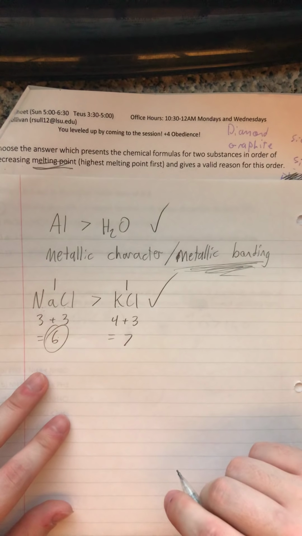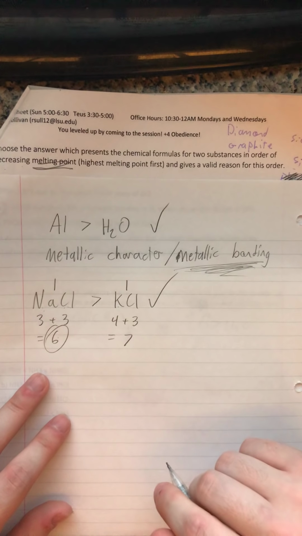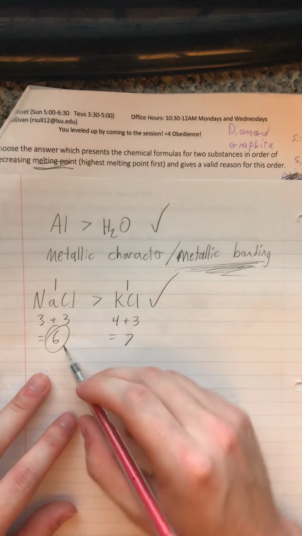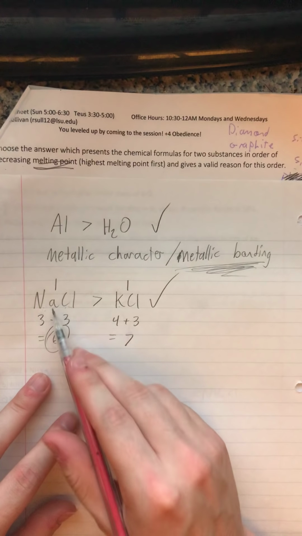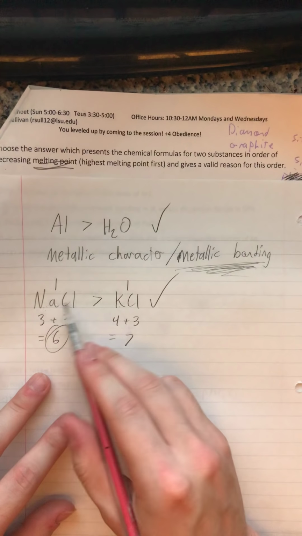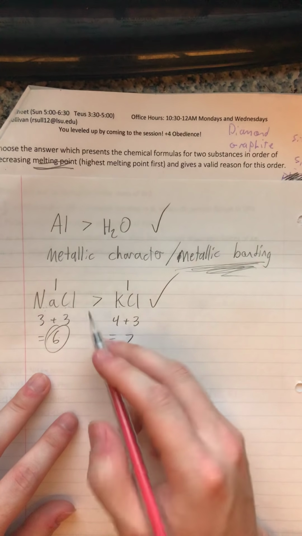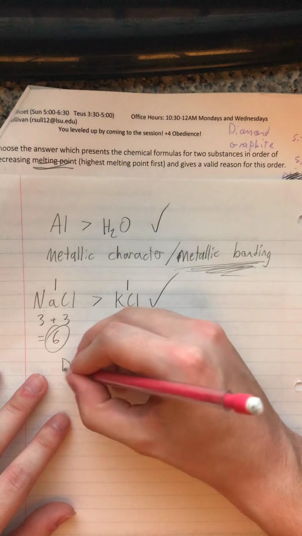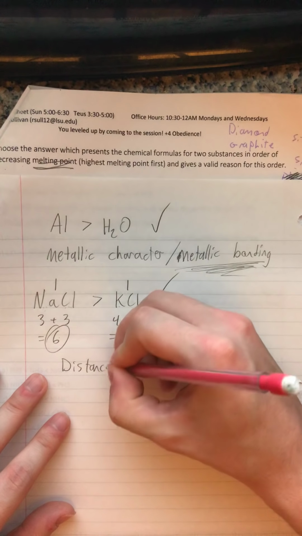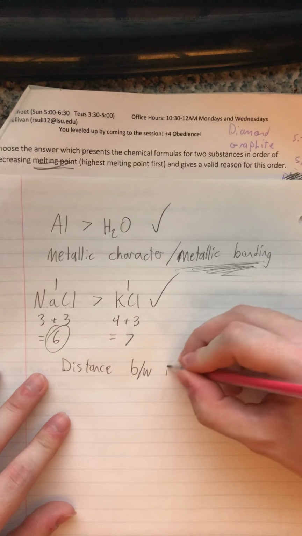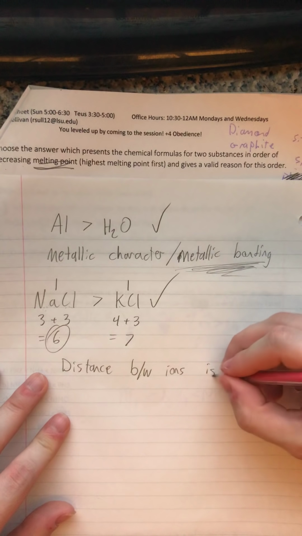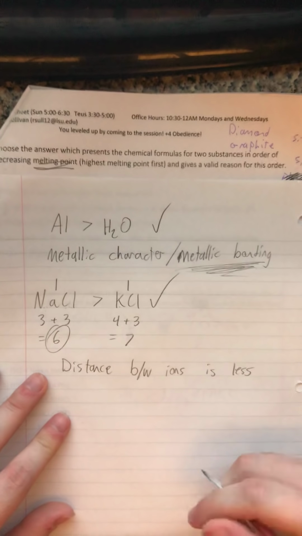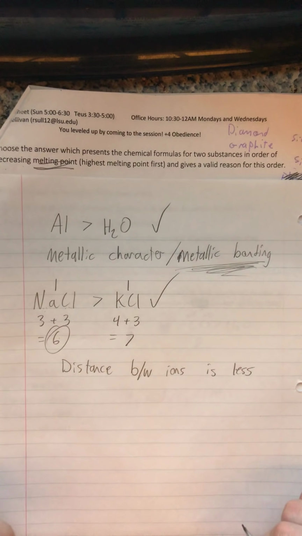NaCl is a higher melting point than KCl, and the reason being that because these two things are closer together to each other on the periodic table, that means that the distance between ions is less. That's the definition of what it is.